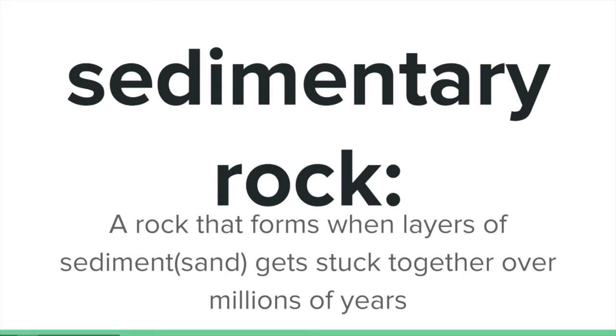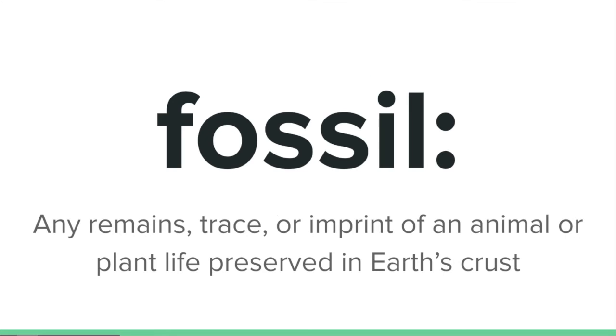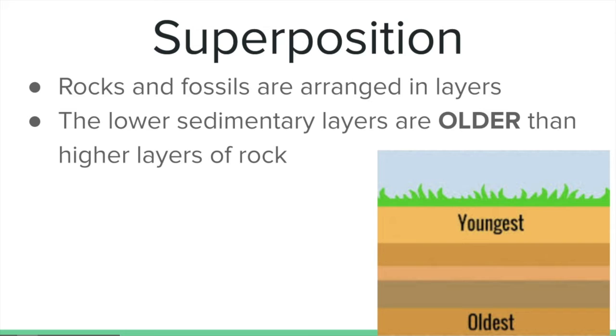Sedimentary rock is a rock that forms when layers of sediment, like sand, get stuck together over millions of years. With that pressure, those layers get stuck together and they form a rock. A fossil is any remain, trace, or imprint of an animal or plant life that is preserved in the Earth's crust. Like we know, the rocks are arranged in layers.